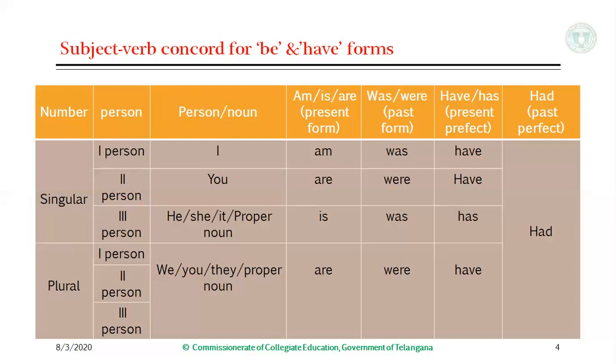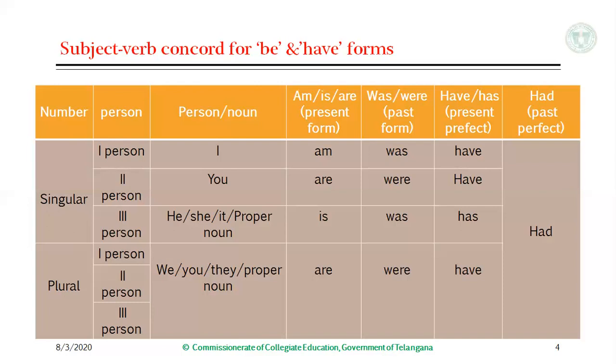In the same way, let's go to the third person singulars. What are third person singulars here? He, she, it, or any proper noun: Ramu, Krishna, Chaitanya, like that. Ramu is a good singer.